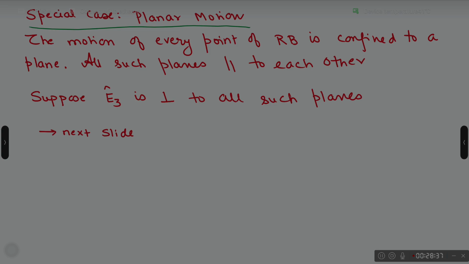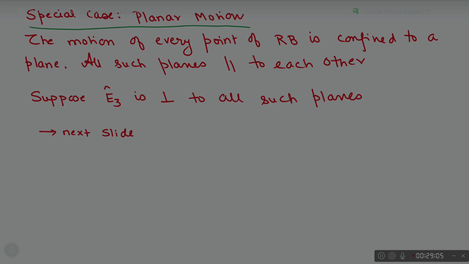Now it turns out that in the case of planar motion, the definition of angular velocity and its visualization as rate of change of some angles is substantially simplified, and that is what I want to show on the next slide.